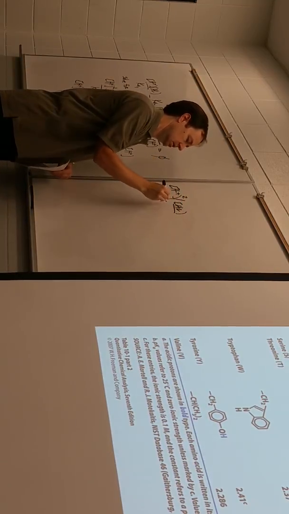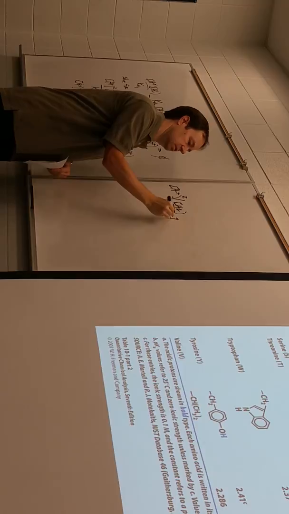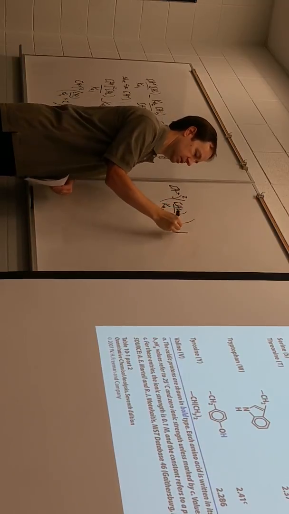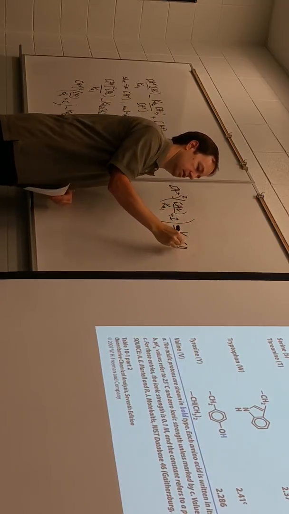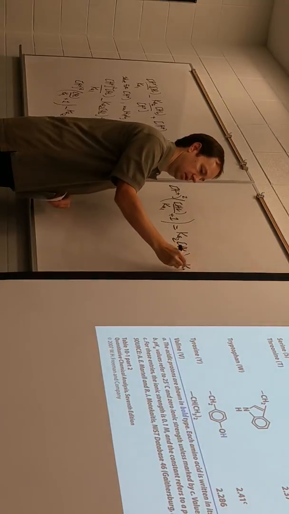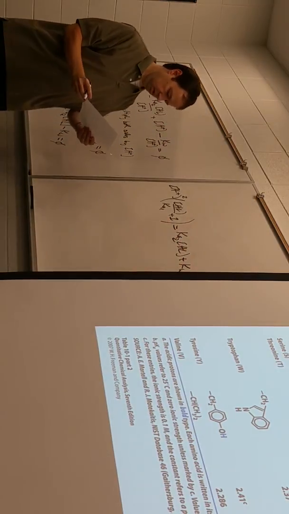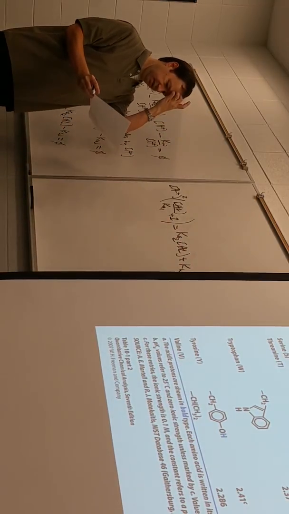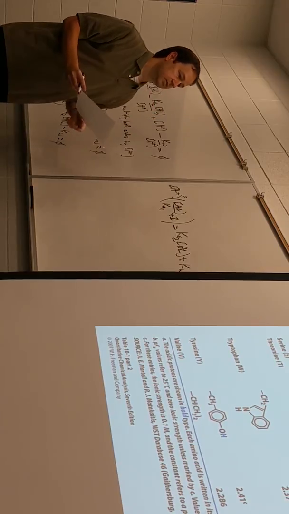H plus squared times HL over KA1 plus 1 equals KA2 HL plus KW. And what do I have to do next? Oh, okay.